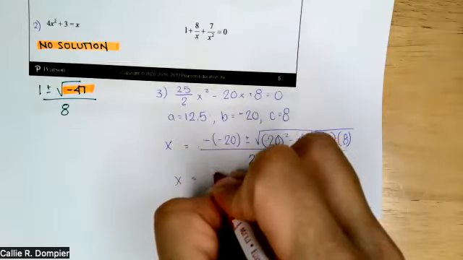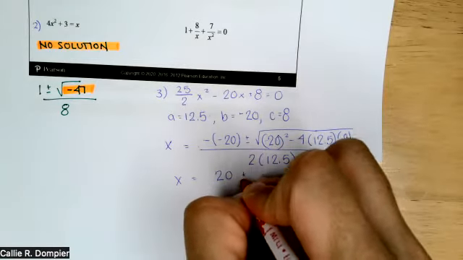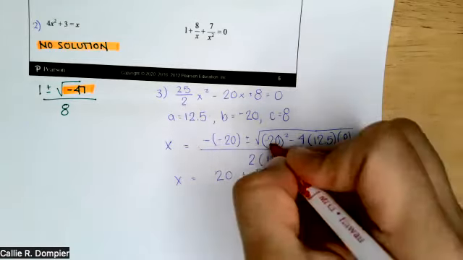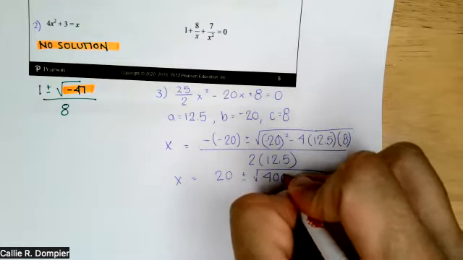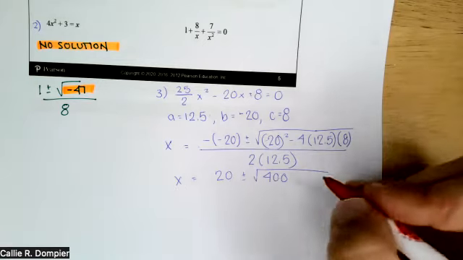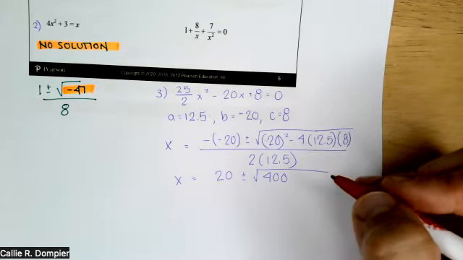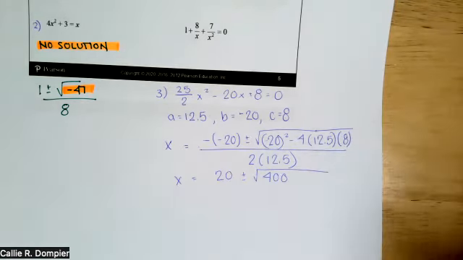X is 20 plus or minus, negative 20 squared is 400. And then 12.5 times 8 is 100.